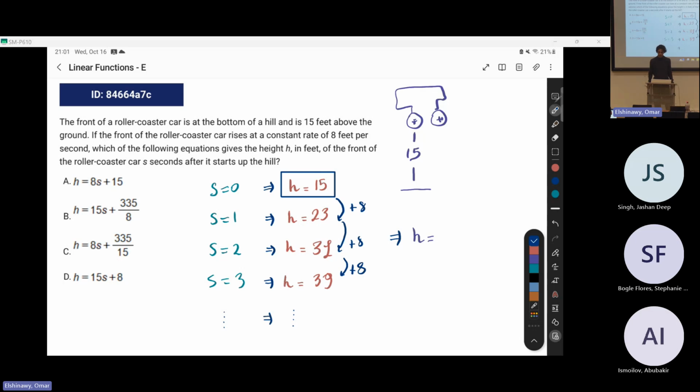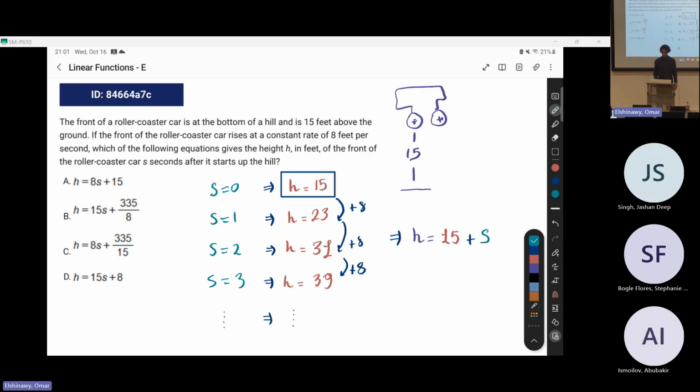So how do we model this? Well, maybe I should just give it out. So you start with 15 feet, and with each step, 15 plus 0s is 15. 15 plus s is 23.